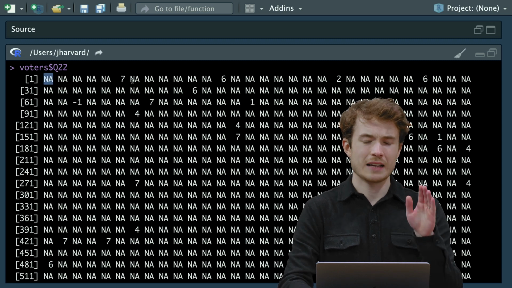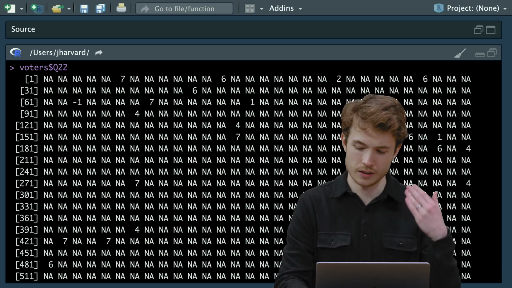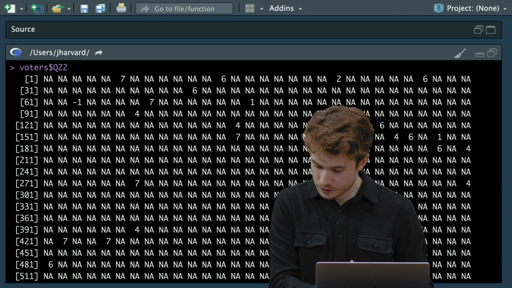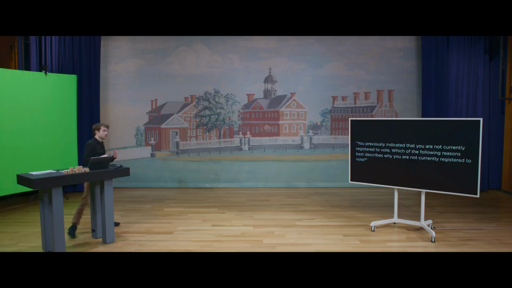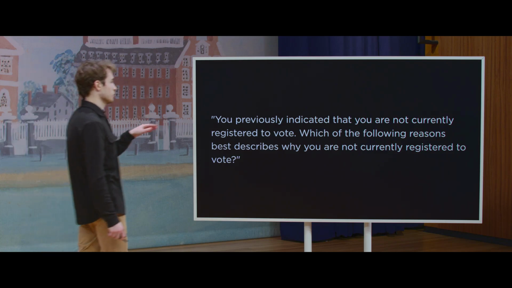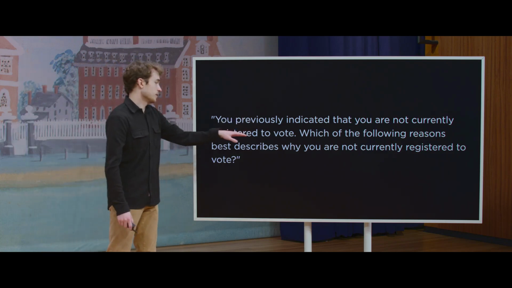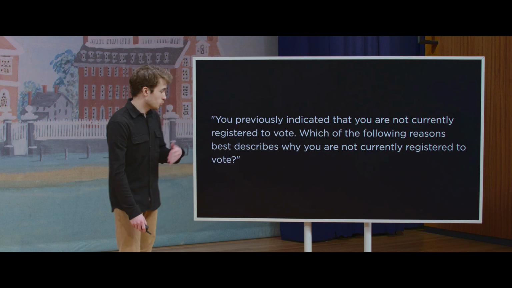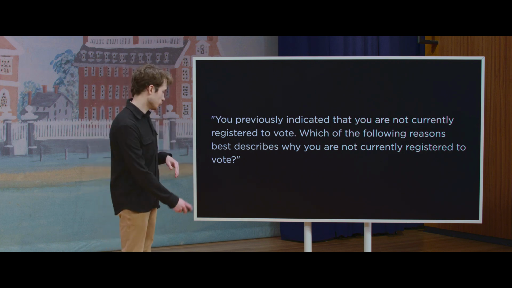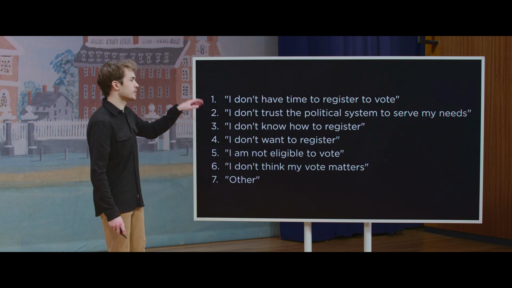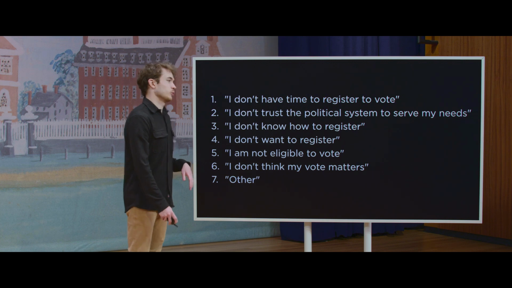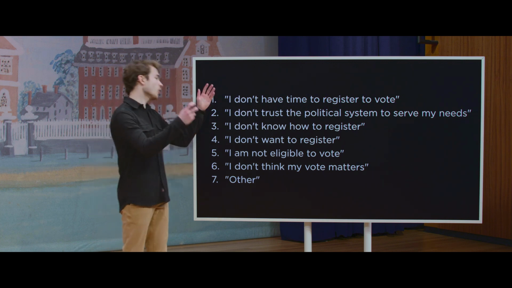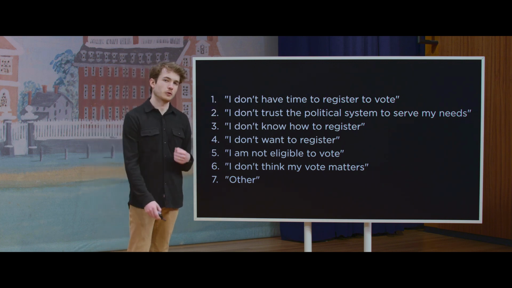Before we dive into that, let's take a peek at what this question is actually asking users. It turns out question 22 is asking this: You previously indicated that you are not registered to vote. Which of the following reasons best describes why you are not registered to vote? And users were given several responses, 1 through 7, I believe, where 1 was "I don't have time," 2 was "I don't trust the political system," 3 was "I don't know," and so on and so forth.